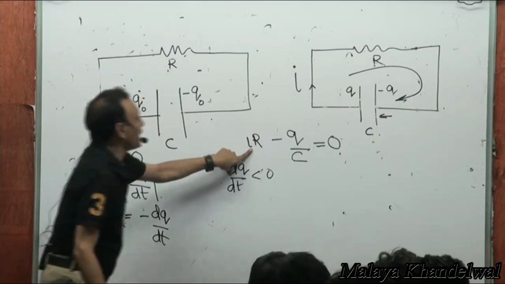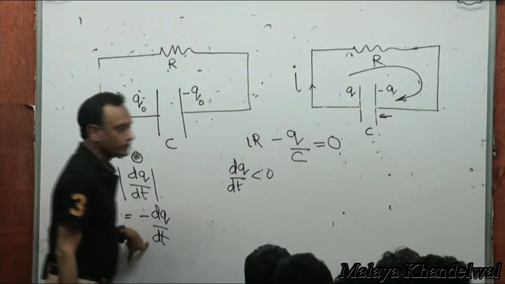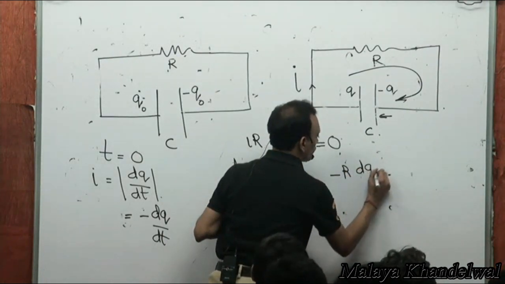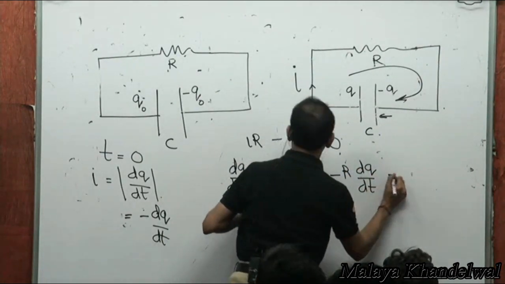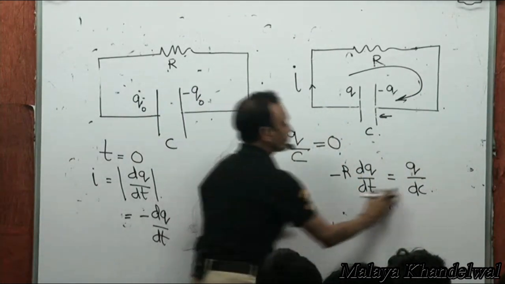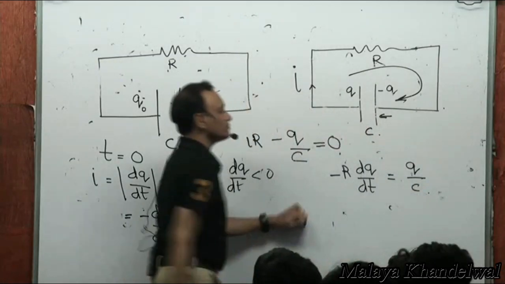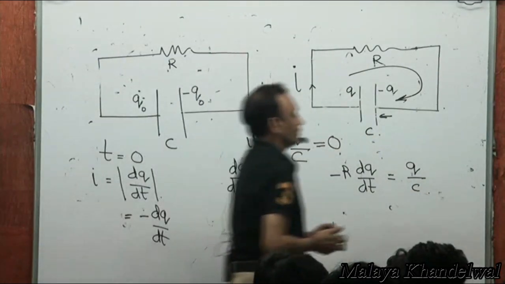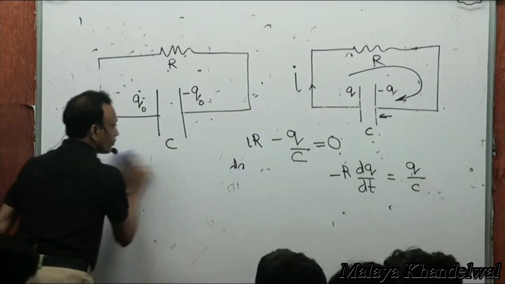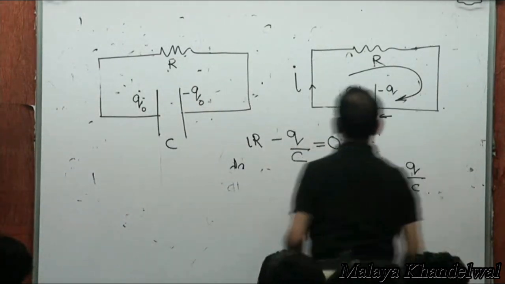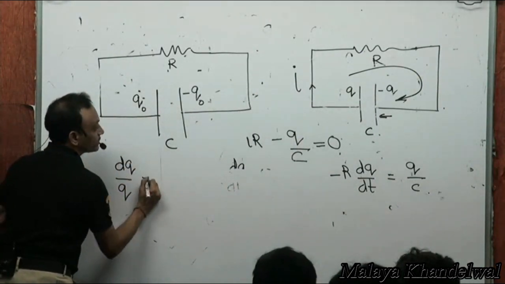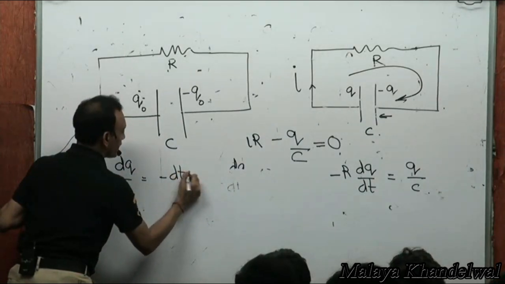Okay. So let me plug in I as minus dq dt. Q by C. Right? So we have dq by q equals minus dt by RC.